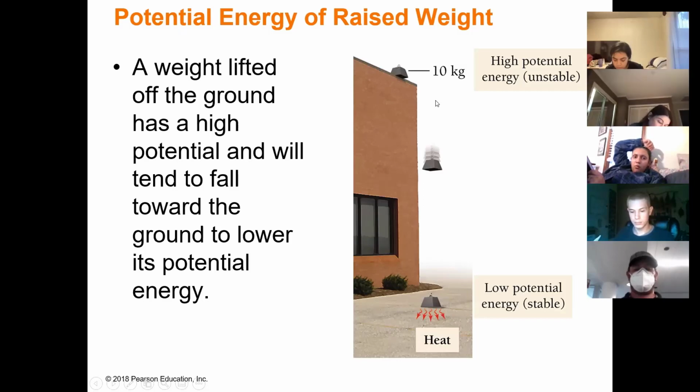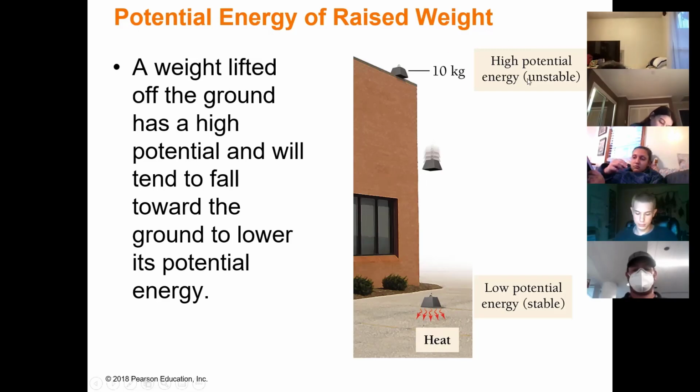And that weight can then get dropped, and that potential energy can shift into kinetic energy or movement energy. And then if that weight hits the ground, it will transfer that kinetic energy or that movement energy as thermal energy or heat. So we have this process of energy transferring constantly throughout the universe.